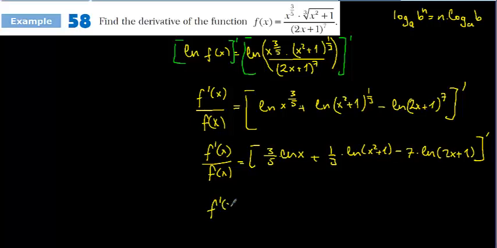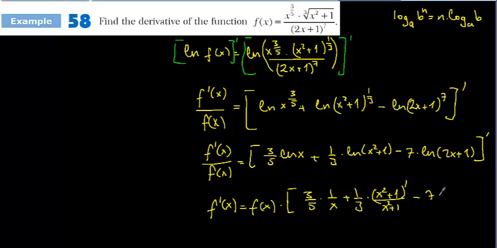So f derivative x, I'm going to keep one step also here, that's why I'm sending this one to the other side, and it's going to be equal to the derivative of 3 over 5 times ln x, derivative, if you remember, 1 over x, plus 1 over 3, it's not going to affect, x squared plus 1 derivative over x squared plus 1, minus 7, 2x plus 1 derivative over 2x plus 1.